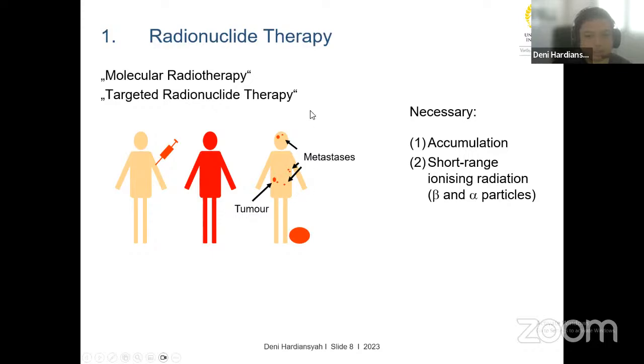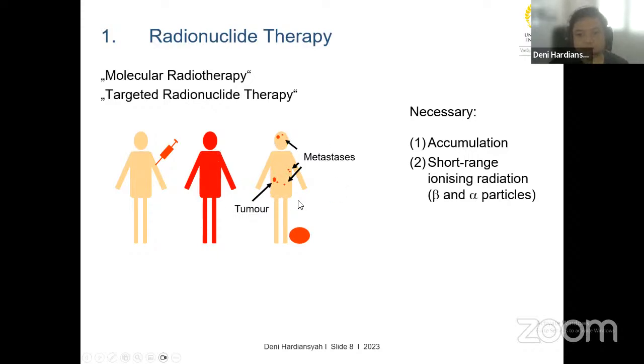And of course, what we hope is that all the drug will go to the target, in this case the tumor and also its metastases, and then stay there indefinitely, until the tumor or its metastases are destroyed. Then all other radiopharmaceutical drugs will be cleared from the patient. This is what we hope.